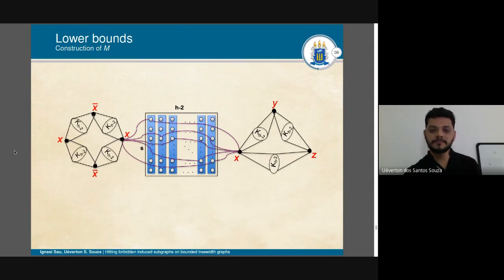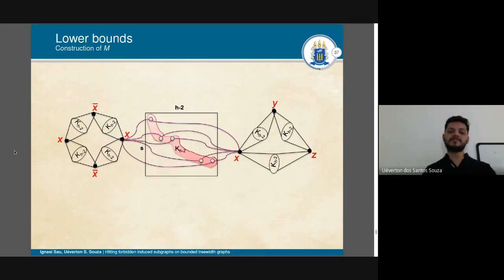And then we know that between the corresponding pairs, we have a forbidden subgraph. Then this implies that for each clause and each variable gadget, we must remove 2 vertices in such a way that we do not have forbidden subgraphs between, and this happens if and only if the formula is satisfiable.